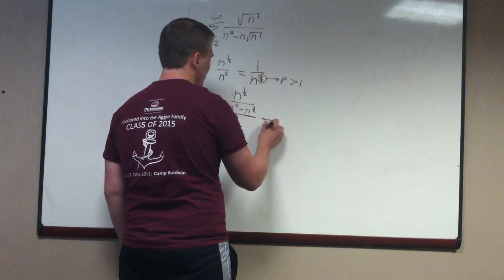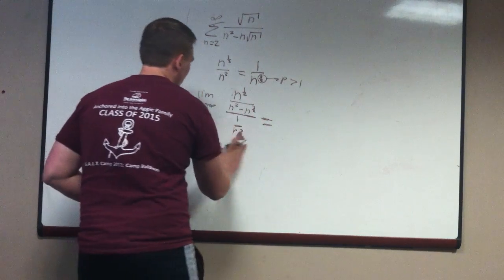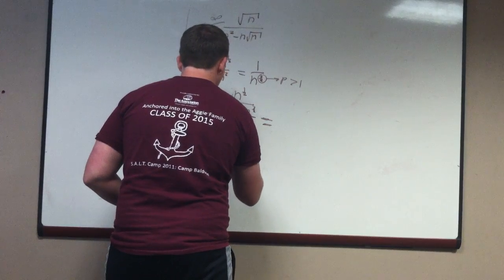I just had to make sure I wrote it a little bit differently, but this is still the process that he went through. So 1 over n to the 3/2.